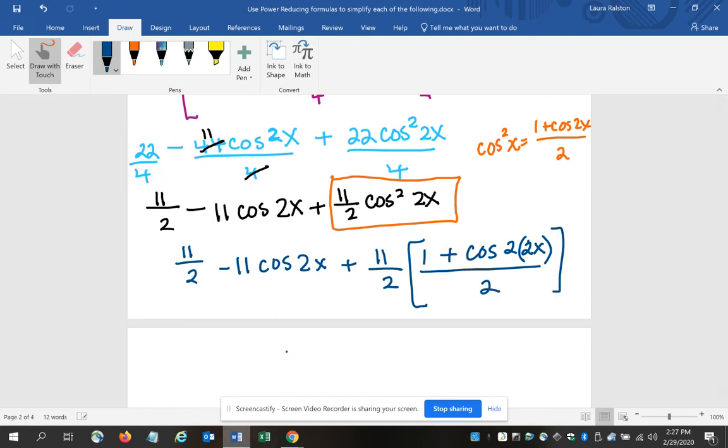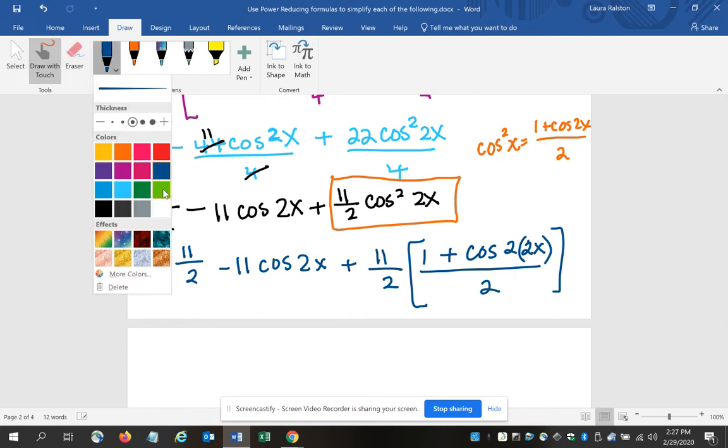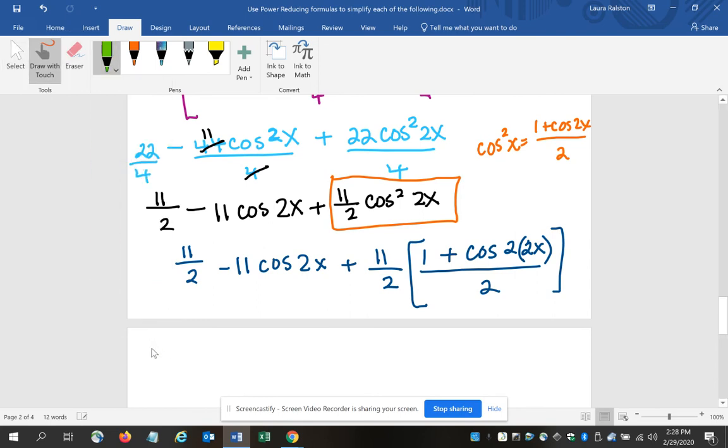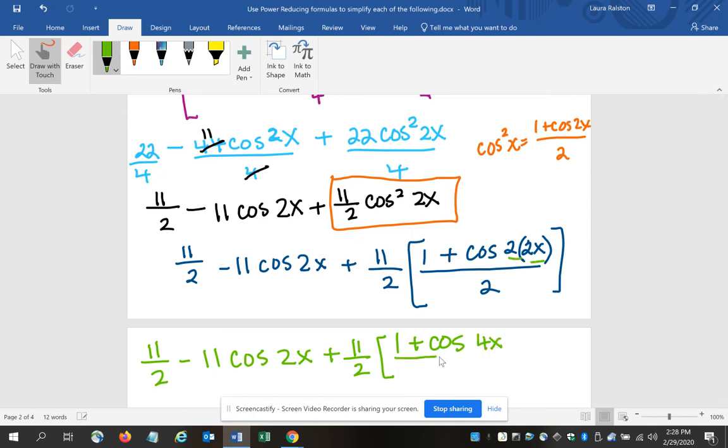And then I'm going to do the simplification so that I have 11 halves minus 11 cosine 2x plus 11 halves times 1 plus cosine of 4x. 2 times 2x is 4x, all over 2.